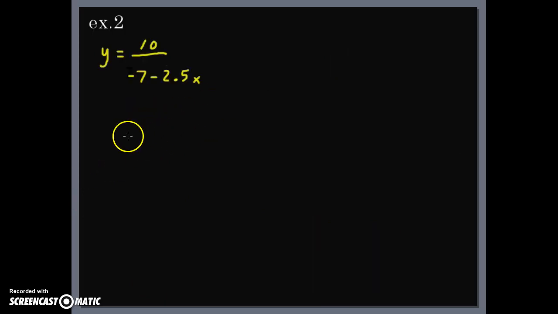Example number 2. Our first step is going to be to set the denominator equal to 0. And now we're going to solve for x.